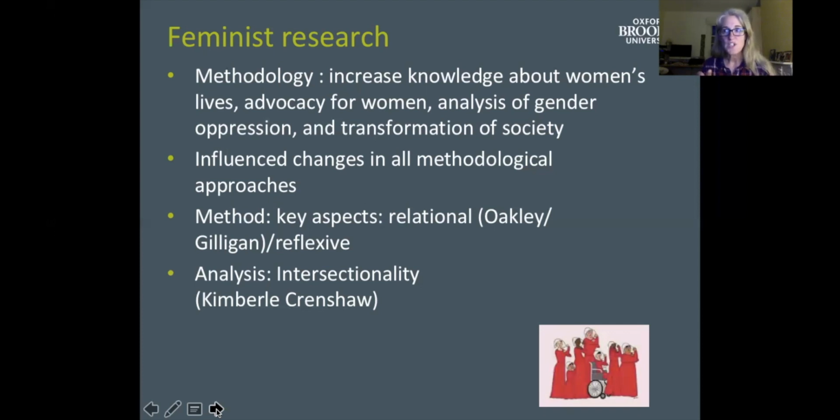It shows the oppression of women in the style of The Handmaid's Tale, but also includes women of colour, disability, and various ages. This is a really interesting area of research philosophy at the moment.